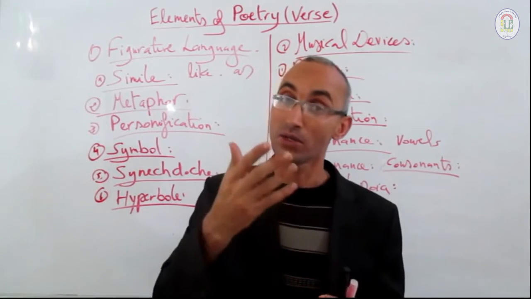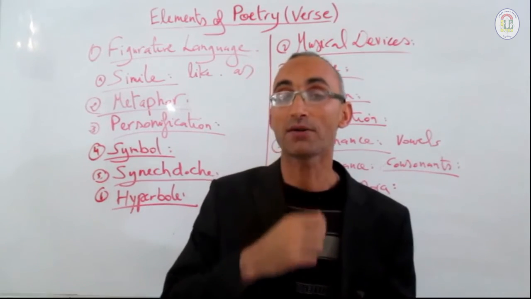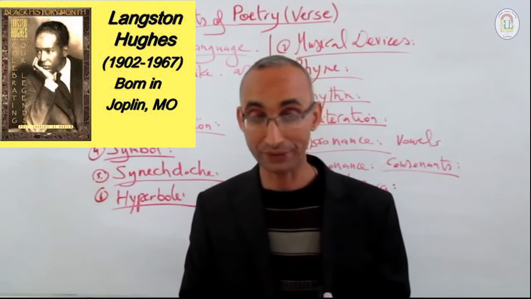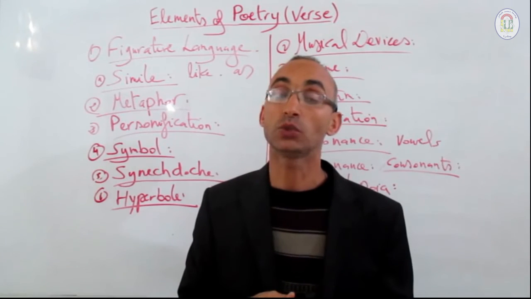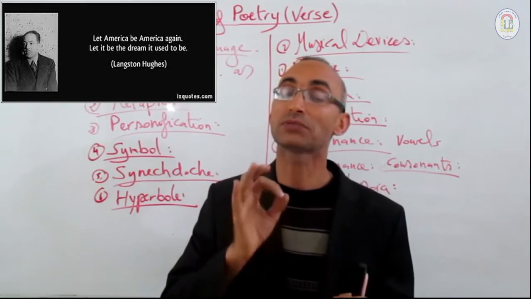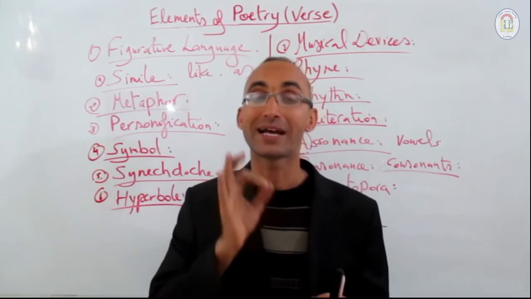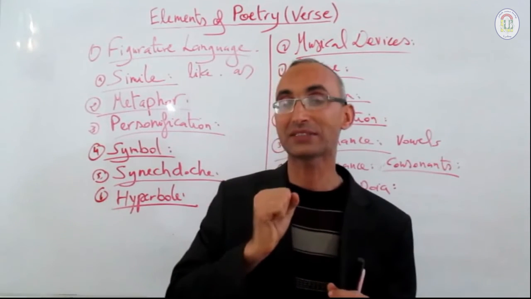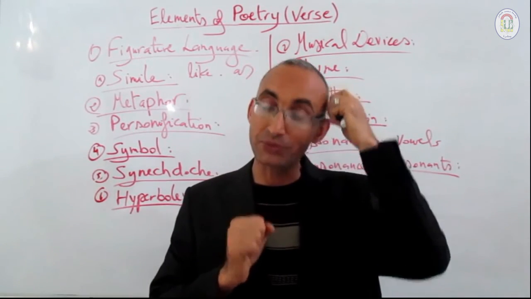Also, we can speak about the masterpiece of Langston Hughes, the Black Bard of Harlem, the African American poet Hughes, who wrote Let America Be America Again. It's a very interesting poem. I advise you to read it. It's a very interesting and musical poem, and also very deep and significant, as it defends the cause of the African Americans in America.